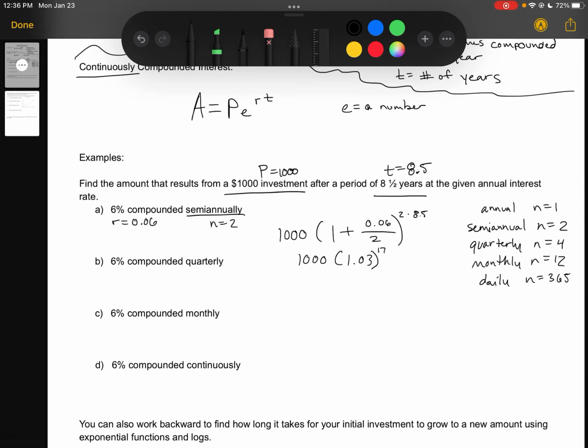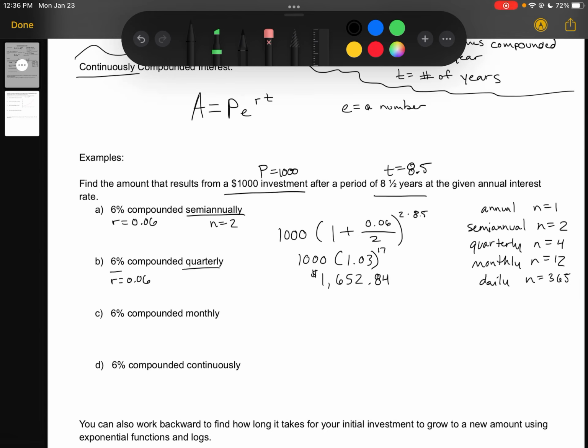So we'll do 1.03 to the 17th power, and then multiply that by 1,000. That should get us an answer of 1,652.84. So that'll bring us to what we're looking at here for compounded semi-annually.